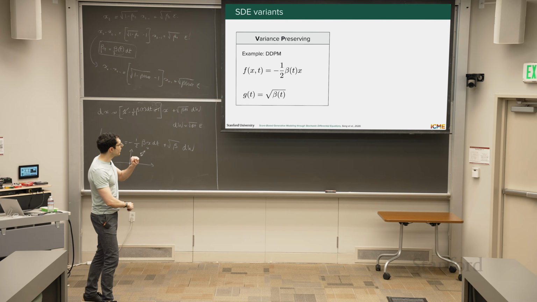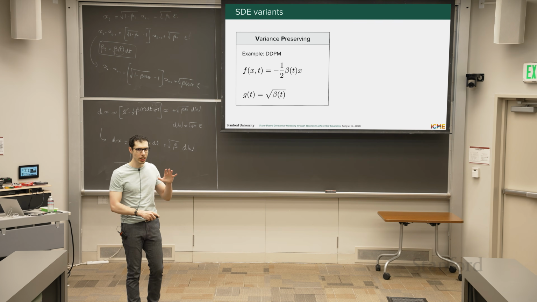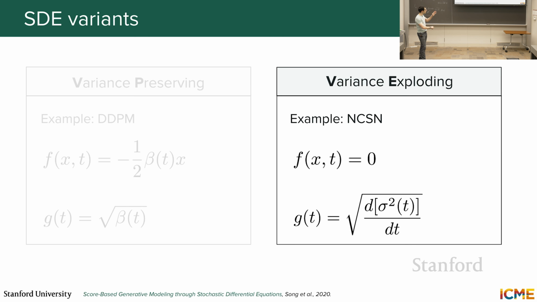OK, cool. So here I just want to say that this drift term F and the diffusion term G are the following for DDPM, but they take this form for NCSN. And you see that there is no drift term, and it is mainly because we're only adding noise.